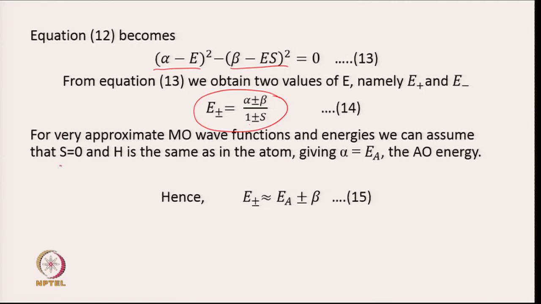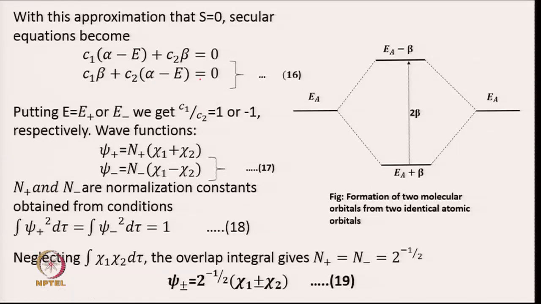If we assume that S is equal to 0, then we have E plus minus equal to Ea plus minus beta. So, the same approximation we can write here. We have taken S is equal to 0, so the ES terms vanish, and what we get is these two equations.